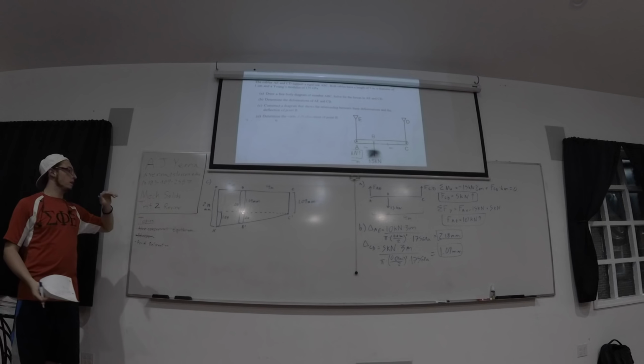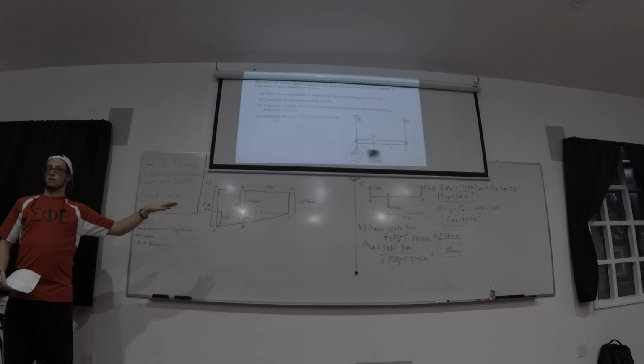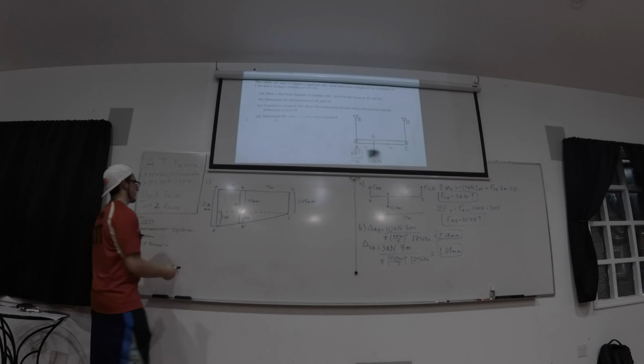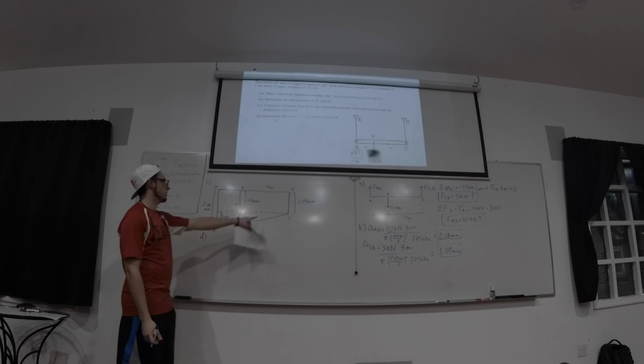Anybody have a question about how I draw it, why I drew certain things? Everybody's clear on that? Okay. So now we'll go to actually solving for B. At this point, it just comes down to a proportion.